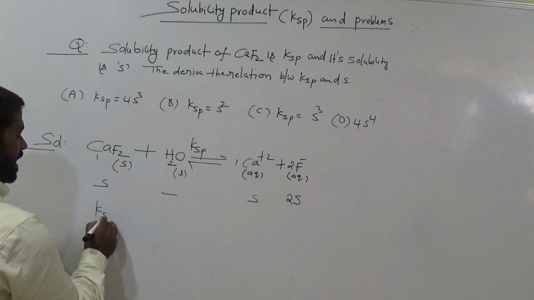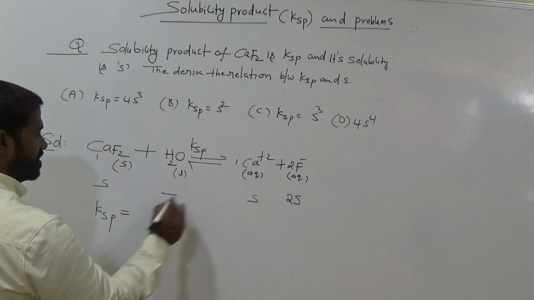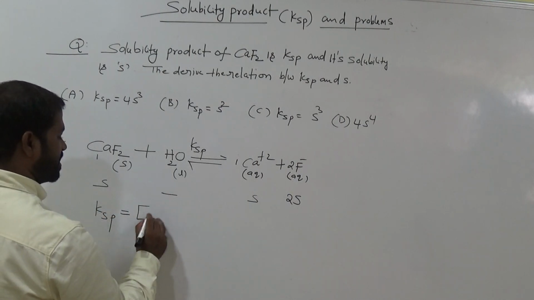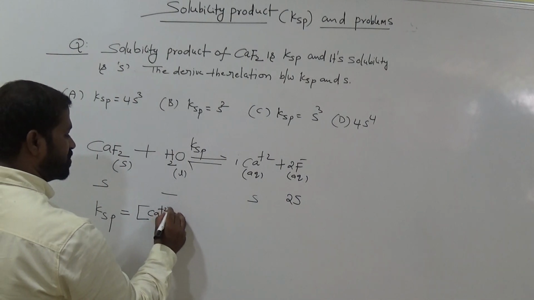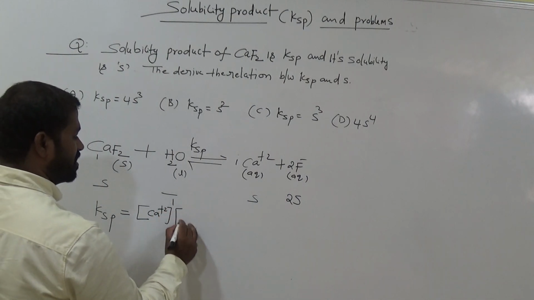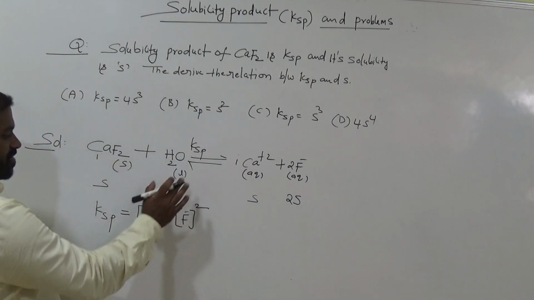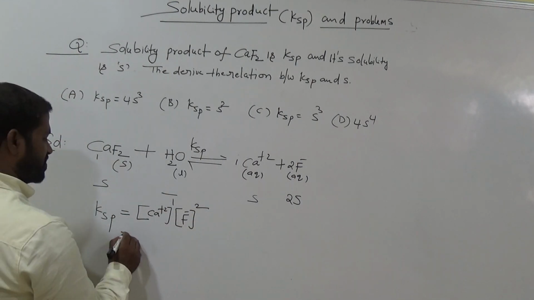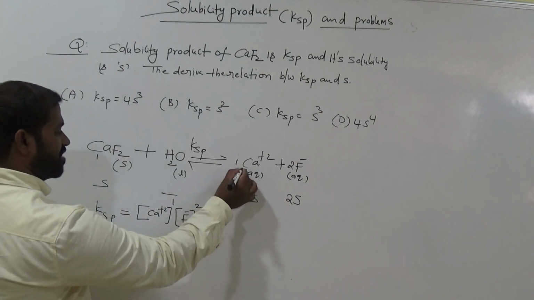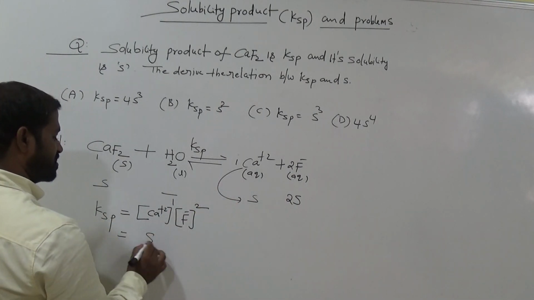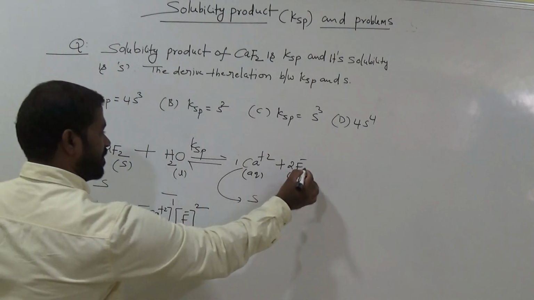Now write the Ksp expression, that is the molar concentration of Ca plus 2 to the power of its coefficient 1, F minus to the power 2. Solid and water, no need to write. Now put in these values. What is the value of Ca plus 2 at equilibrium? S, so S power 1. What about F minus?